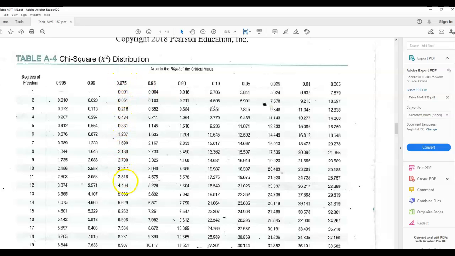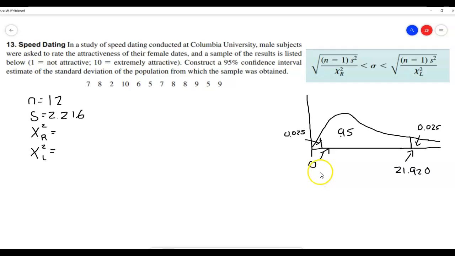With 11, that's going to be 3.816. So this critical value is going to be 3.816. So this is our left side. So here's 3.816 there. And this is our right side, 21.920.